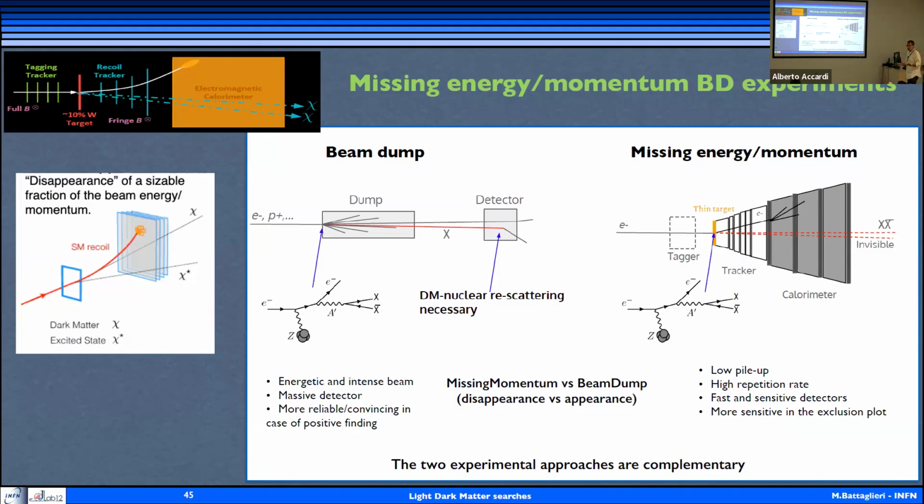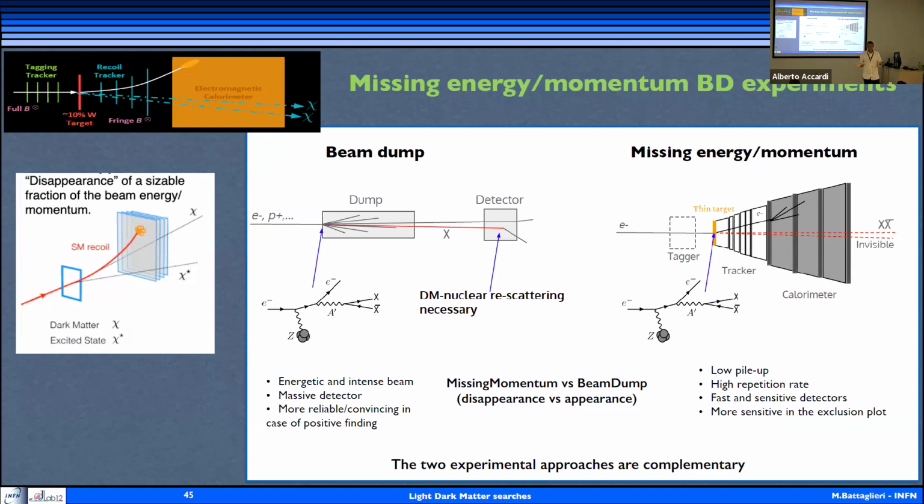Your sensitivity, the number of events you're expecting, doesn't scale as epsilon to the fourth, but as epsilon to the second power. On the other hand, it's much more tricky because you have to be sure that you don't have other effects that make you lose some part of the energy or momentum for other reasons. Assume, for instance, a hyperon, a lambda. You produce a lambda at one point, and then the lambda travels because it doesn't interact, and decays at a different point.